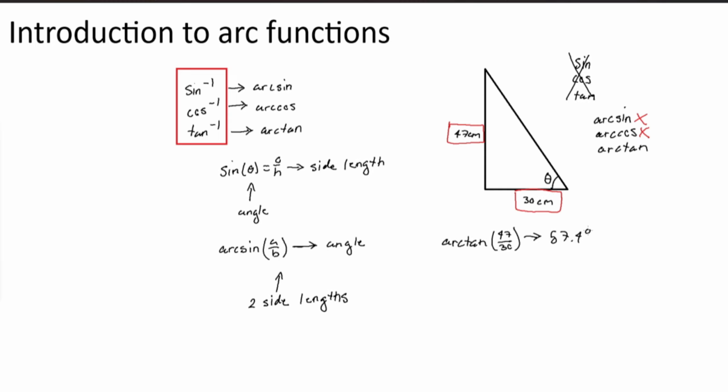Visually it may not look like it, but according to arc tangent, this angle theta right here is 57.4 degrees, or around there. And if anybody's confused, this is the same thing as writing this, not sine.